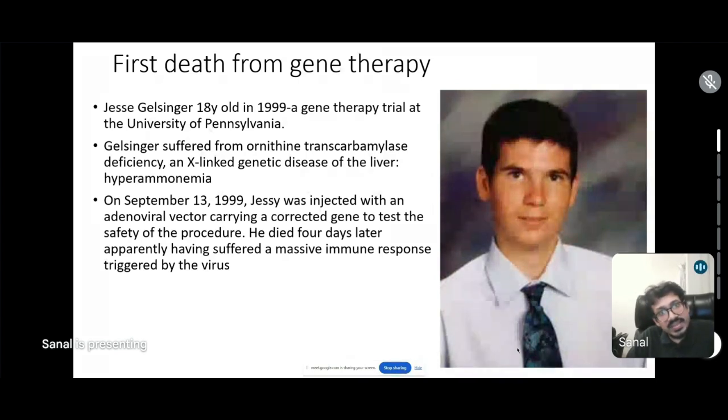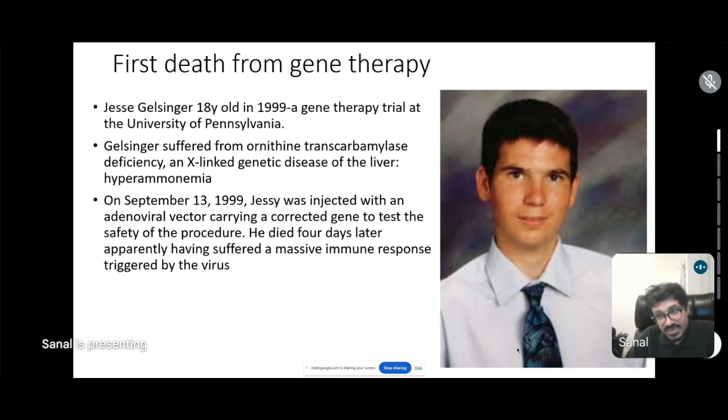Gelsinger suffered from ornithine transcarbamylase deficiency, an X-linked genetic disease of the liver, which causes hyperammonemia. On September 13th, 1999, Jesse was injected with an adenoviral vector carrying the corrected gene to test the safety of the procedure. He died 4 days later, apparently having suffered a massive immune response triggered by the virus.